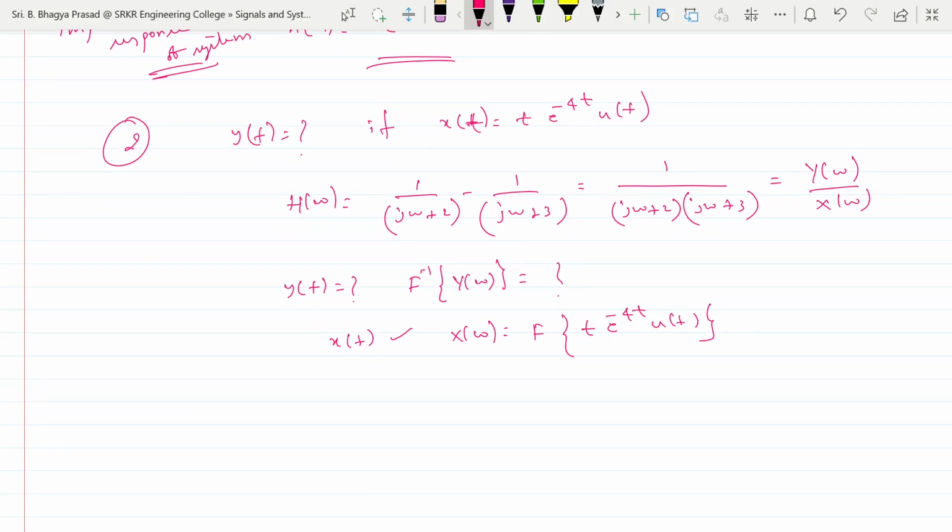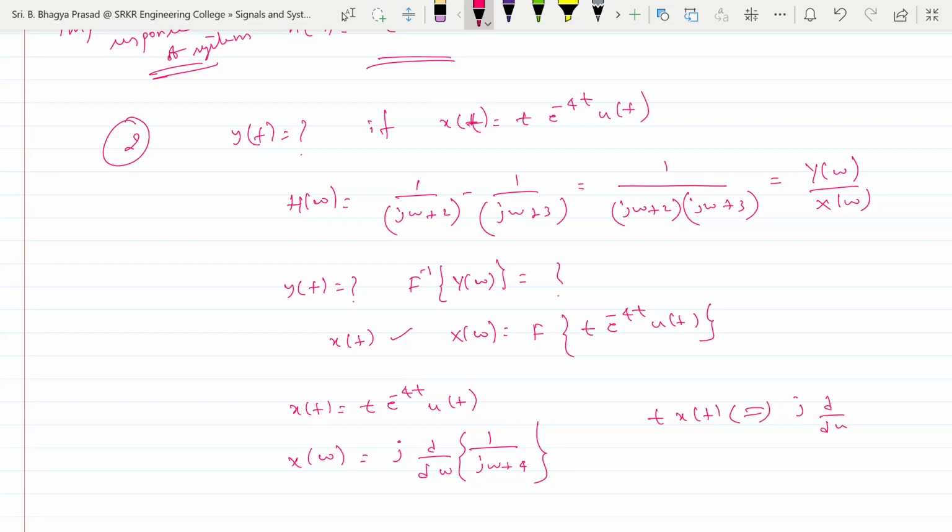Here x of t is t e power minus 4t u of t, and X of omega will be j d by d omega of 1 by (j omega plus 4). That is, the Fourier transform of t x of t is j d by d omega of X of omega. We use this property here.